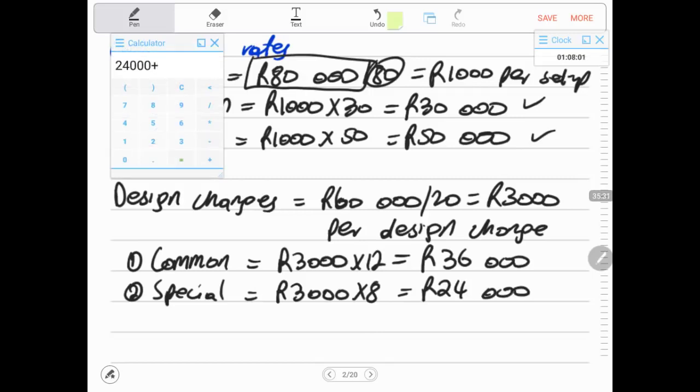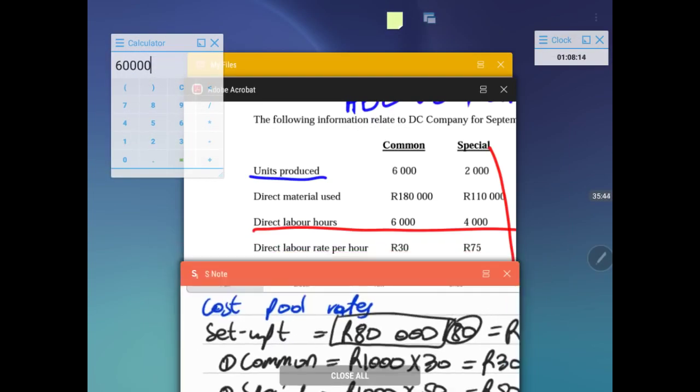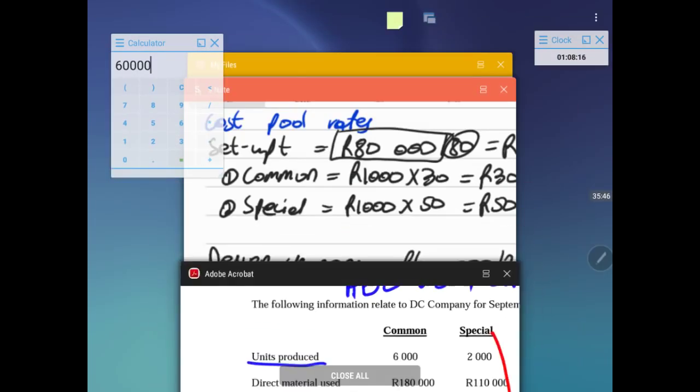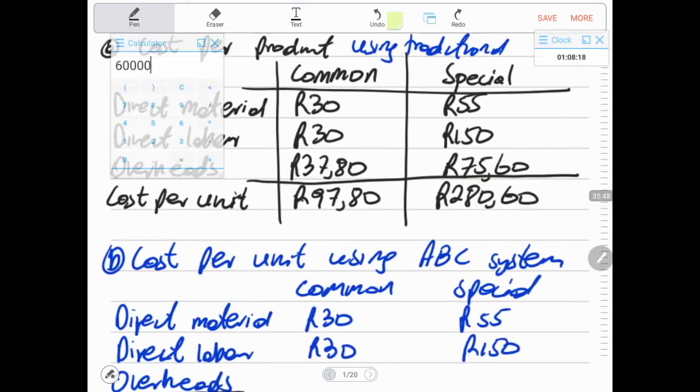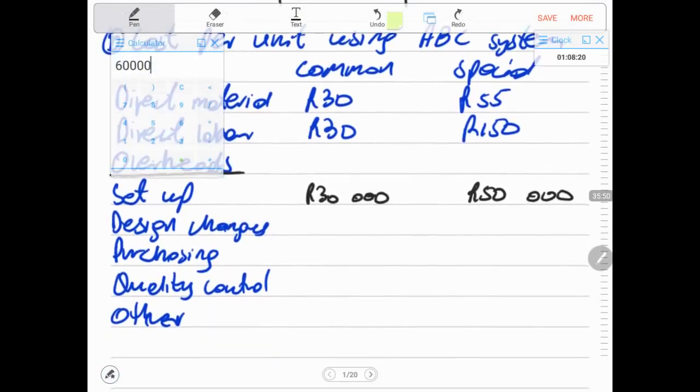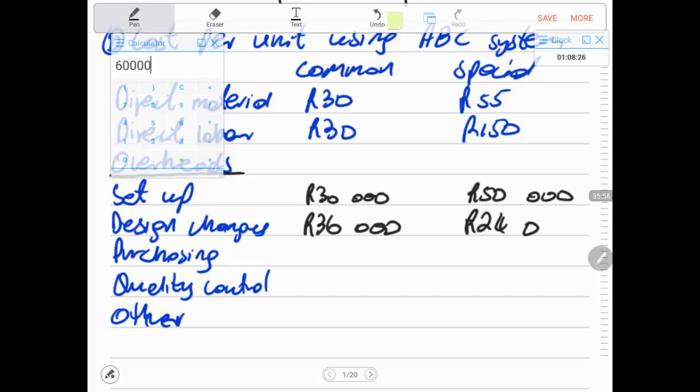Make sure that when you say 24,000 plus 36,000, it gives you 60,000, which is the amount that you were allocating using the cost drivers. So 36,000 and 24,000 is what is to be recorded. So now we have 36,000 and we have 24,000 rands.